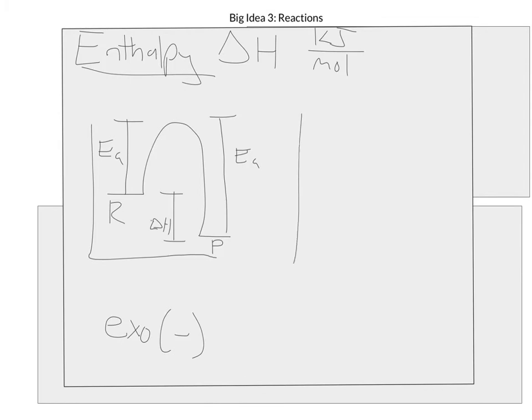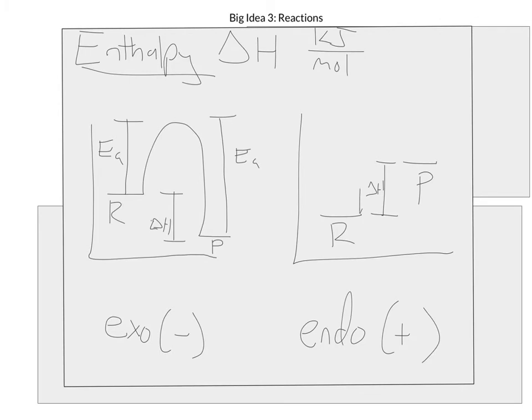Another type of graph that we have is going to be an endothermic one, where the reactants have less energy than the products. That delta H gap right there is going to be positive. The activation energy is still going to be higher.